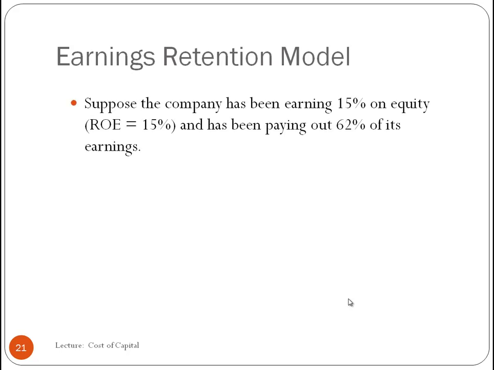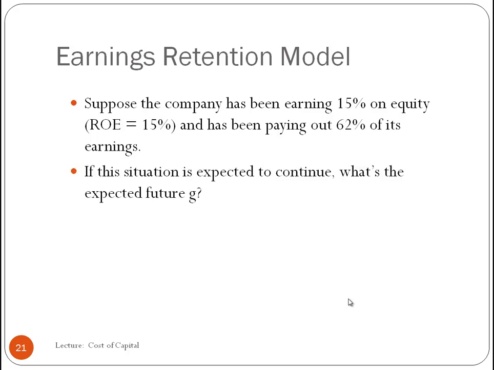Now, suppose the company has been earning 15% on equity. So it's got a return on equity of 15%. And it's been paying out to the shareholders 62% of the earnings. I'm just making up these numbers, but let's say this is what's happening.